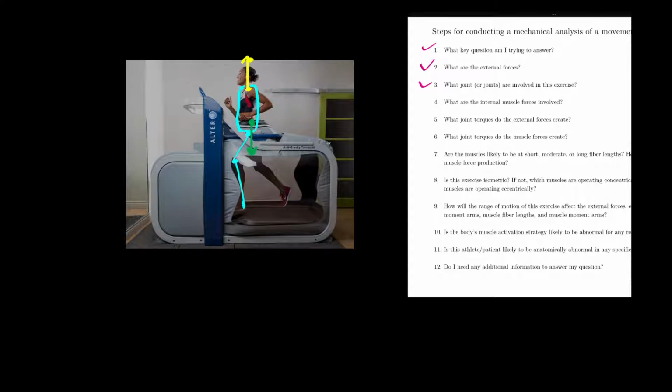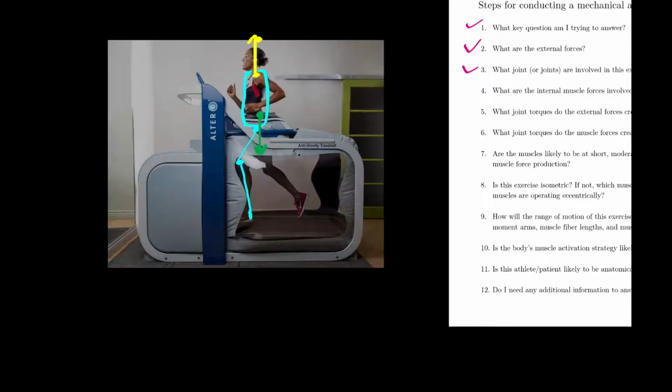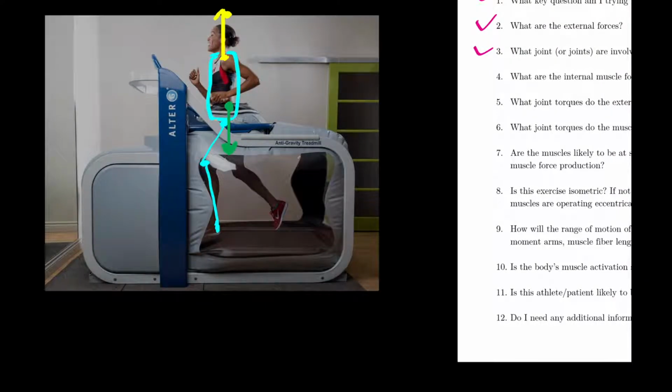The next thing we should think about is, what are the internal muscle forces involved in this motion? So if we're specifically interested in what's happening at the knee joint when you're running, the muscles we might care about would be the quadriceps, maybe the hamstrings, maybe the gastrocs, because they also cross the knee joint. But because we're trying to simplify things here to understand them better, maybe we can make a few relatively simple assumptions.